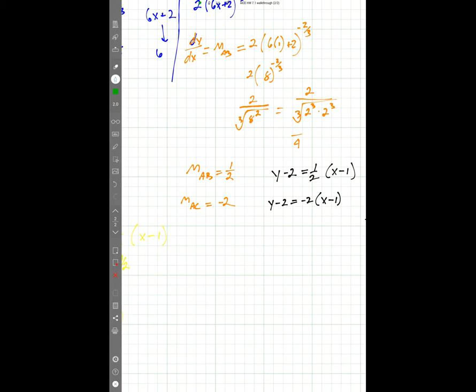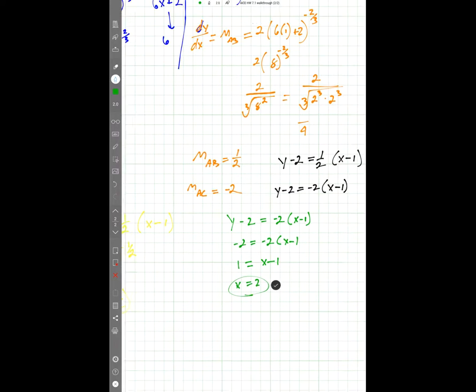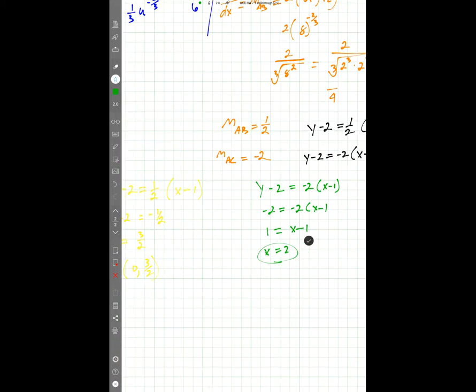Our other one, where y is equal to 0, and x is equal to 2. So C then is (2, 0).